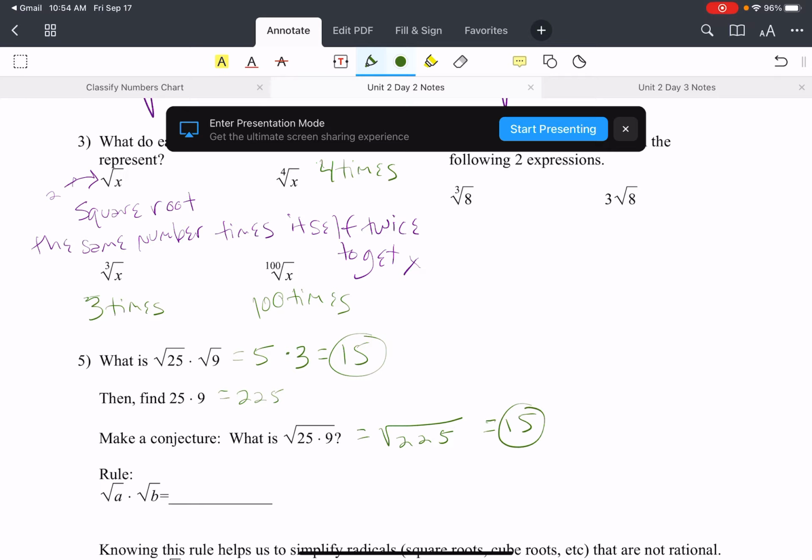Okay, so the point of that is to get this rule here. When I'm simplifying square roots, you can square root first or second, whatever is going to make your life easier, okay? So the point of that was just to get this rule right here.